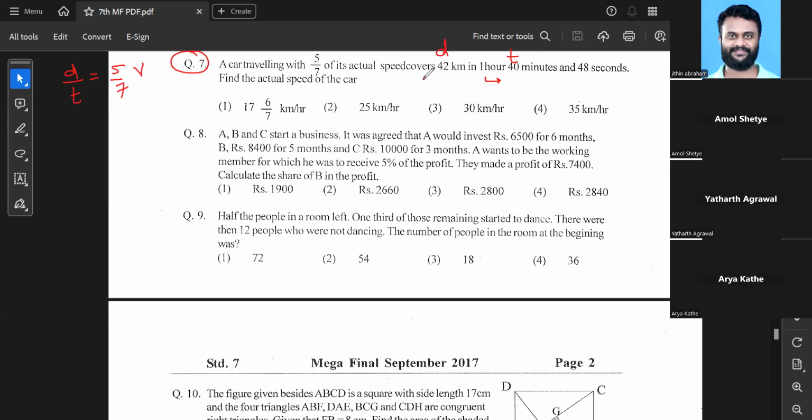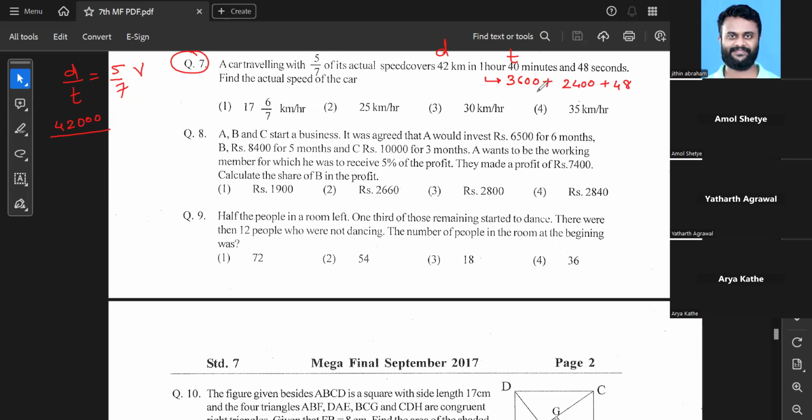So first of all, your distance is going to be 42,000, since it is in kilometers. I'm converting it into meters, and the time is going to be 1 hour. 1 hour is basically 3,600 seconds plus 40 minutes. 40 minutes is 40 multiplied by 60, that will be 2,400 seconds, plus 48 seconds.